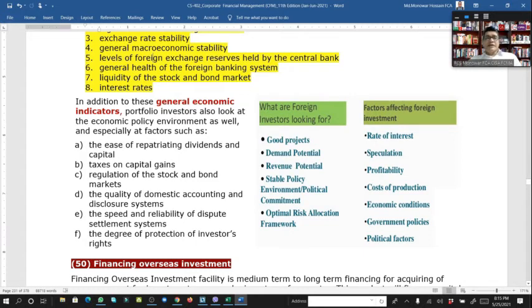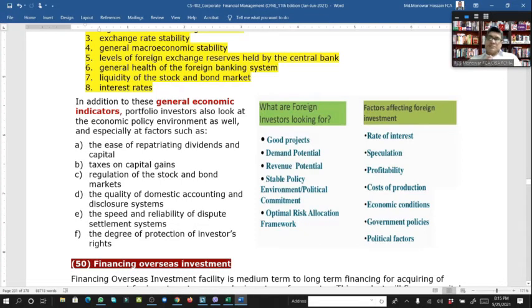And why is an efficient capital market required? Because after establishing the company in another country, once upon a time they go for listing, and after listing, the foreign investor can sell their total share within the country and bring their money to their home country.